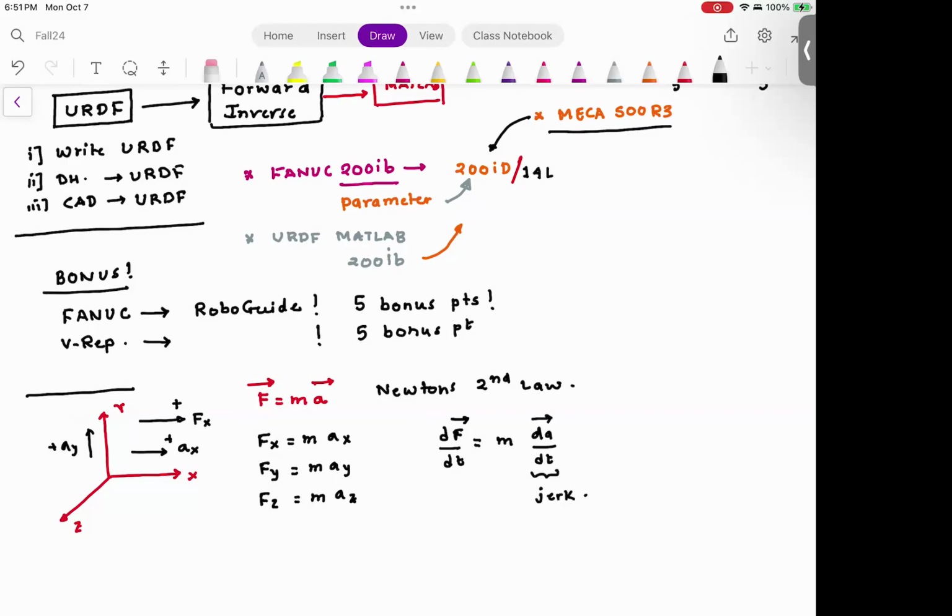Now this will be clear. You have a person that's not moving. You push, you push, you push, and then you give a jerk. It means to give a rate of change of force. It's an impact. The rate of change of force gives you jerk and things start moving.